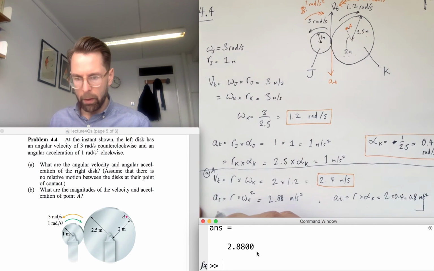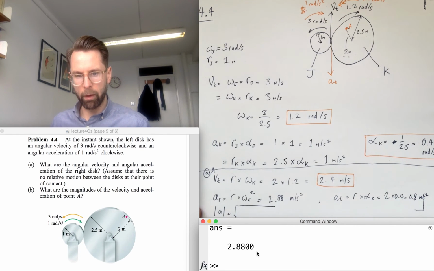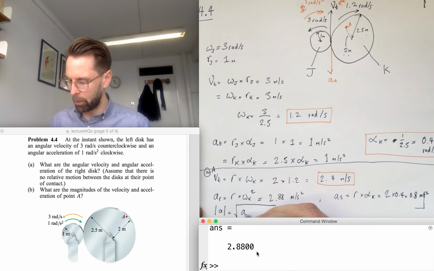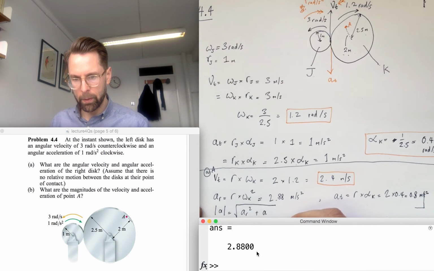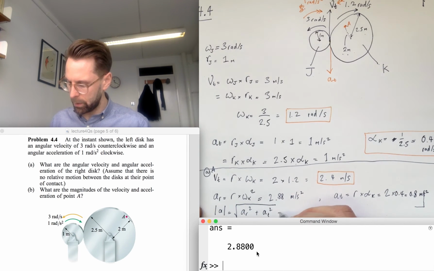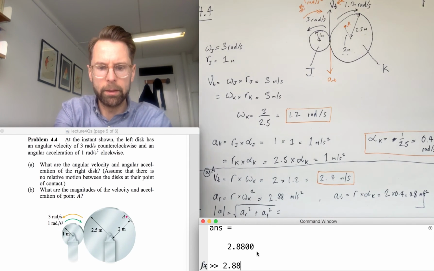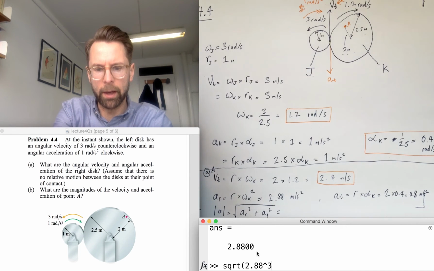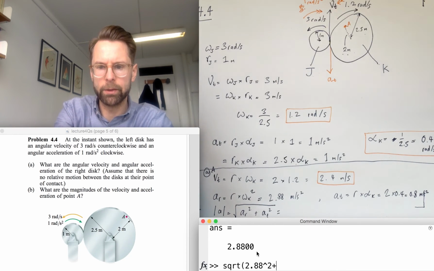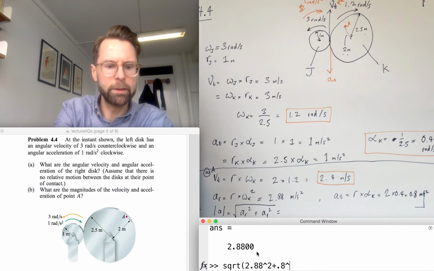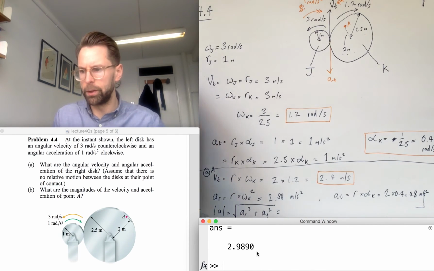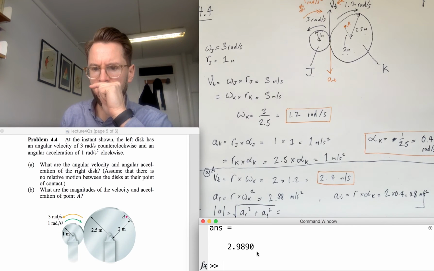So the magnitude of acceleration we can obtain from Pythagoras, because we've got the two components, which is equal to the square root of 2.88 squared plus 0.8 squared, which is something not quite right there.